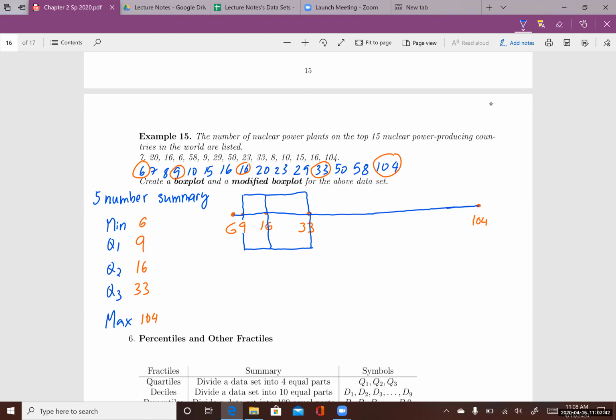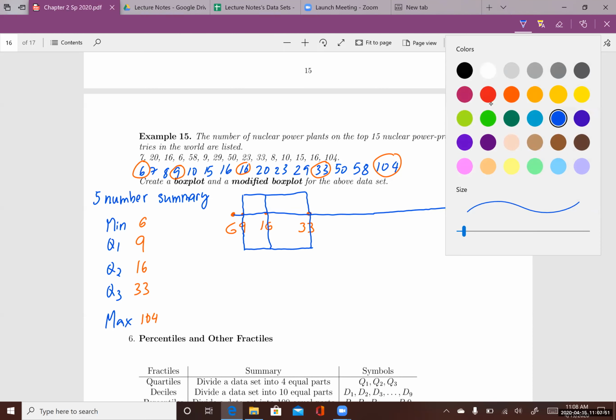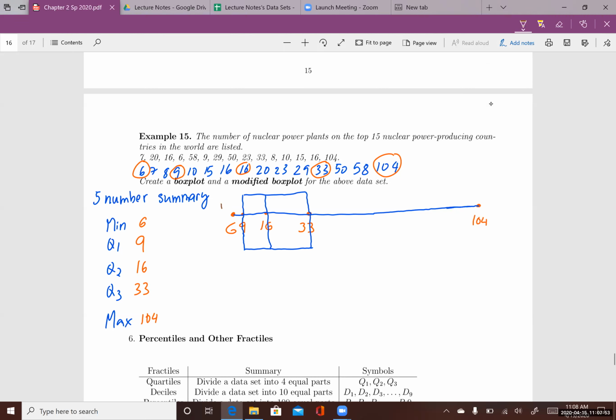So this is the regular box plot. This is the minimum, Q1, Q2, Q3, and this is the maximum value. All right, so this is the regular box plot.